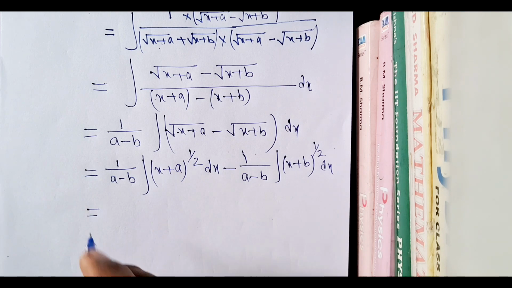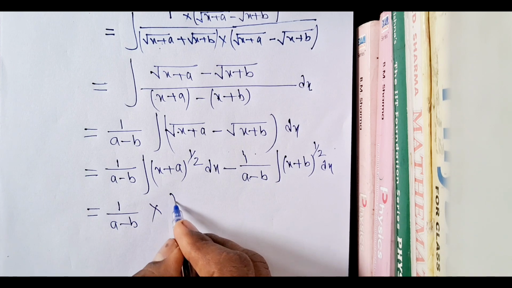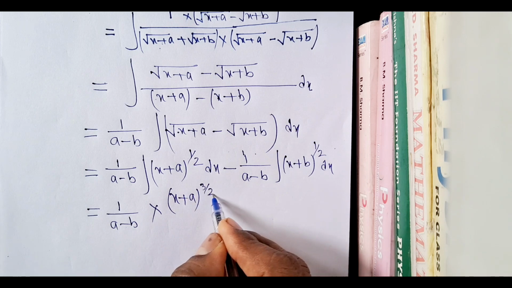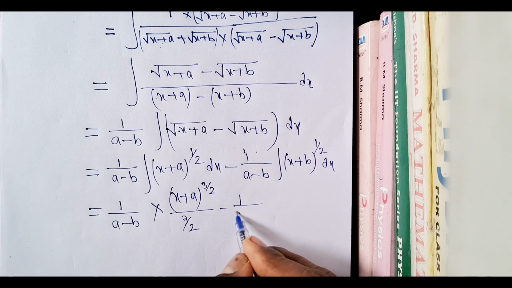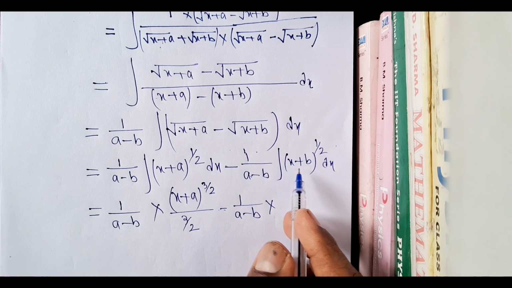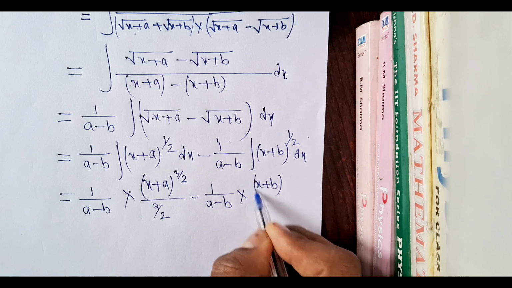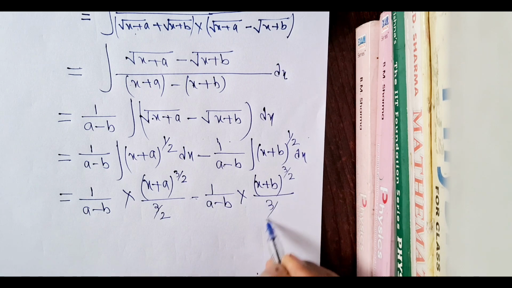So it will be 1 by a minus b into x plus a whole to the power half plus 1, that is 3 by 2, divided by 3 by 2, minus 1 over a minus b as it is, integration of x plus b whole to the power half plus 1, that is 3 by 2, divided by 3 by 2, plus c.